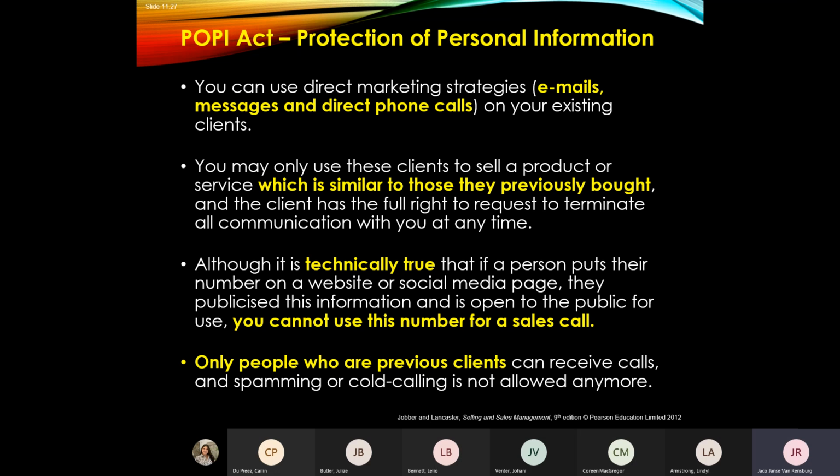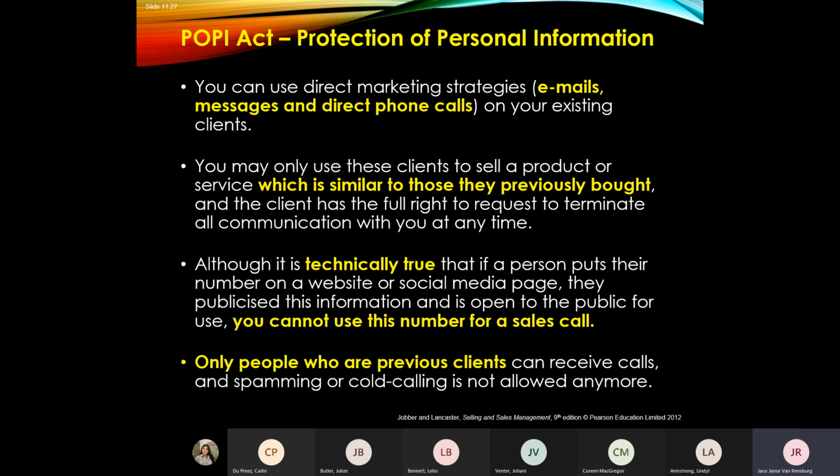You may only use these clients to sell a product or a service which is similar to those that they have previously bought. So you can't go to an existing customer and say, right, you've been buying product B from us all the time, we now have product C as well. If product C is not similar to product B, maybe a newer or updated version of it, you can't sell them.